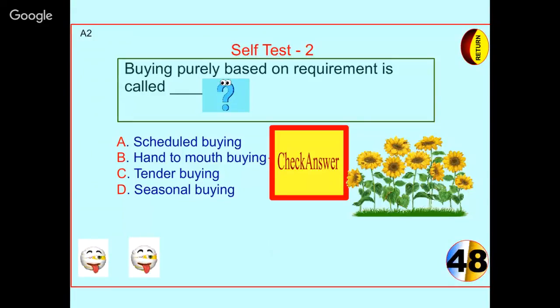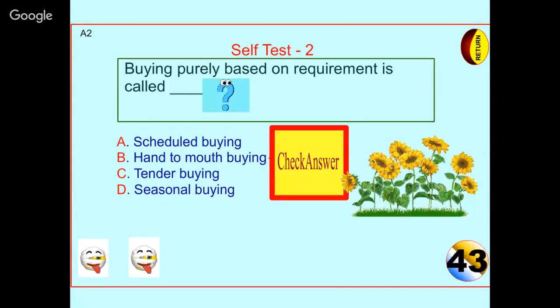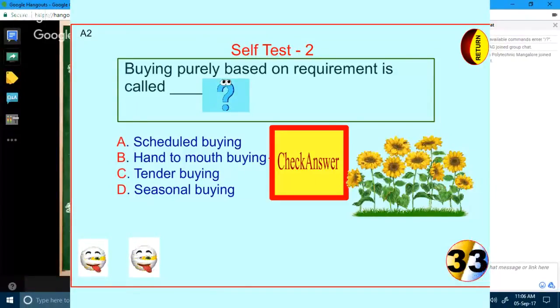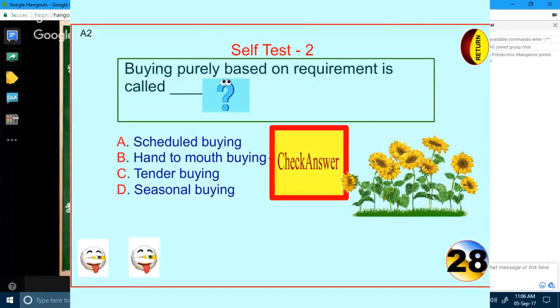Scheduled buying, hand-to-mouth buying, tender buying, seasonal buying. Your answer, please. If you are not able to use the chat window, please unmute your mic and give your answer.